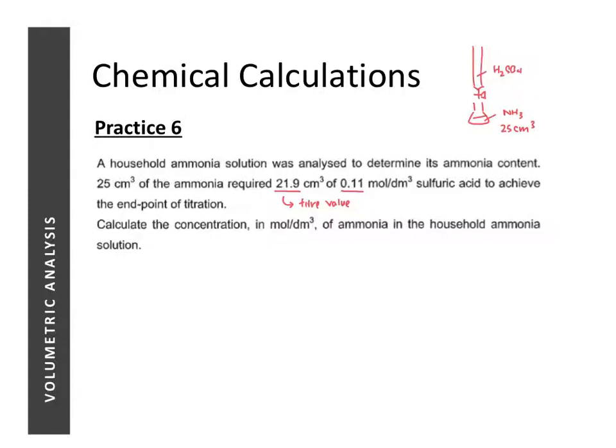In the 3C approach, step number 1 is to convert to moles. What are we able to convert to moles for? If you look at the question, we have the volume of sulfuric acid, we have the concentration of sulfuric acid. That will allow us to find the number of moles of sulfuric acid.